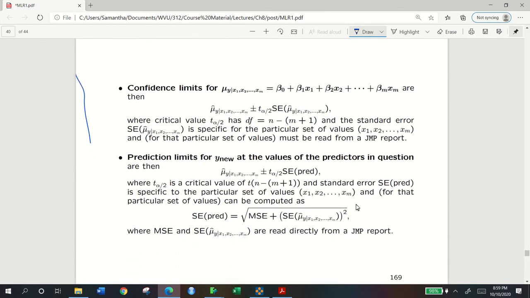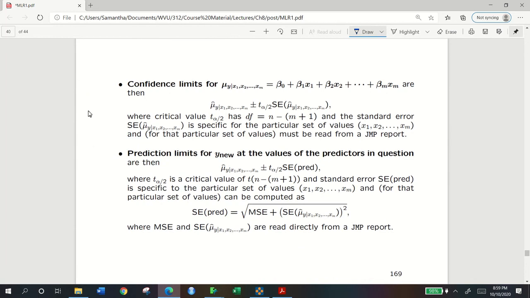And in that case, our confidence limit for mu of y given x1, x2, all the way to xm is going to be mu hat of y given x1, x2, all the way to xm, plus or minus t alpha over 2 multiplied by the standard error of mu hat of y given x1, x2, all the way to xm.